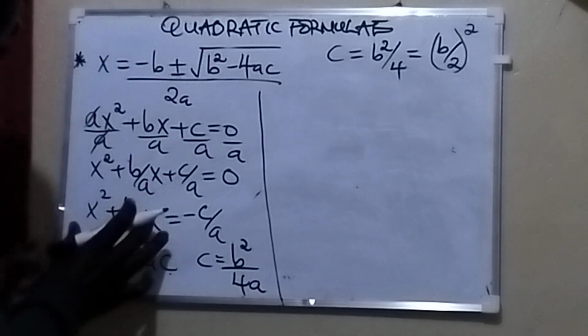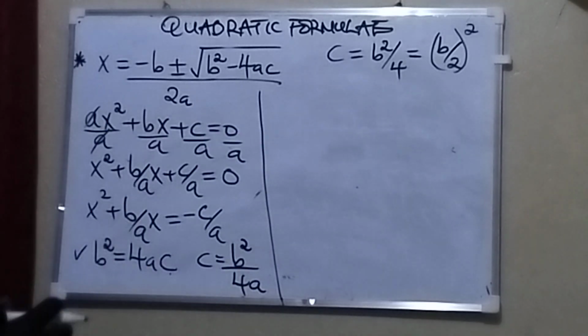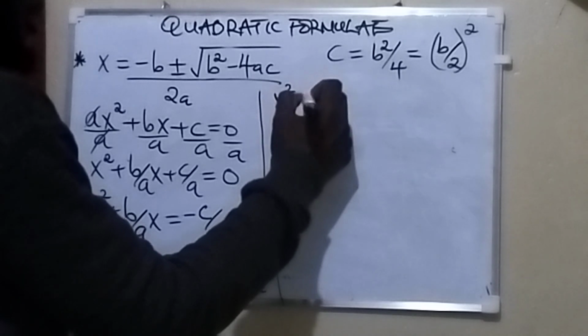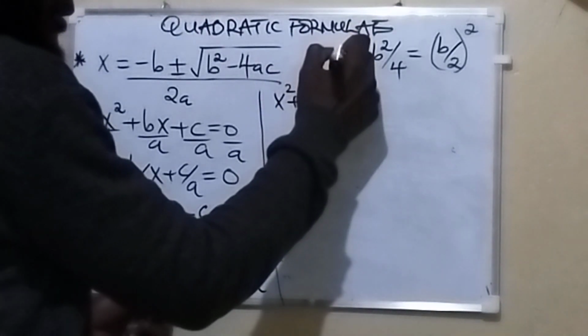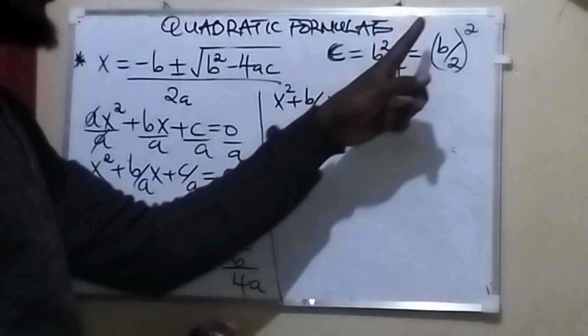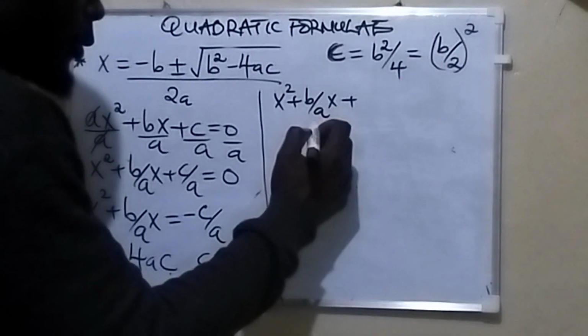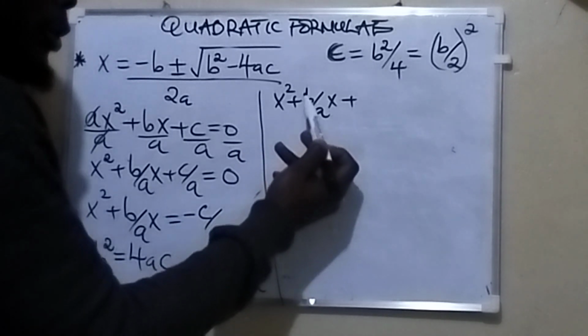So we complete the square on this side and also on this side. You have x squared plus b over a x, and you add c, which they have said is b over 2 in brackets squared. But our b is the coefficient of x, and the coefficient of x here is b over a.